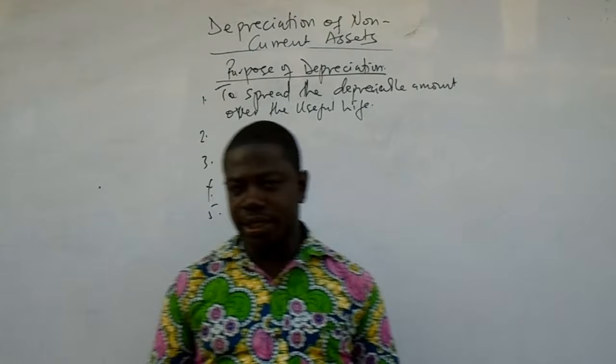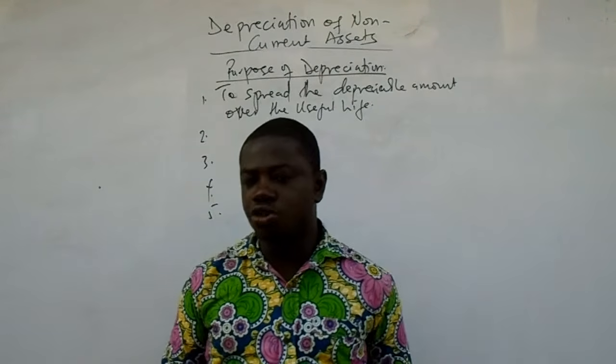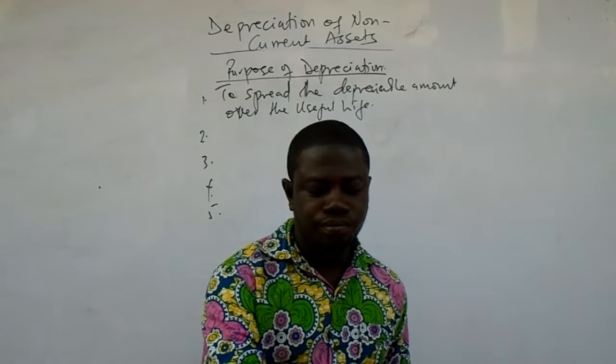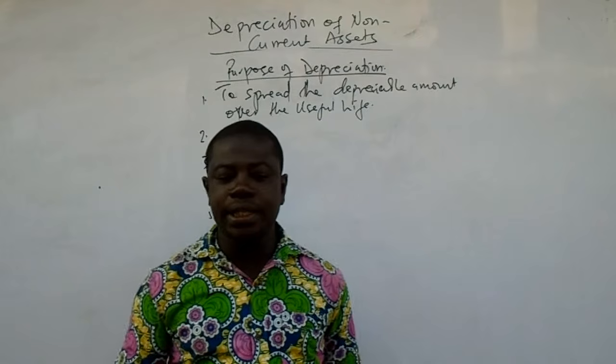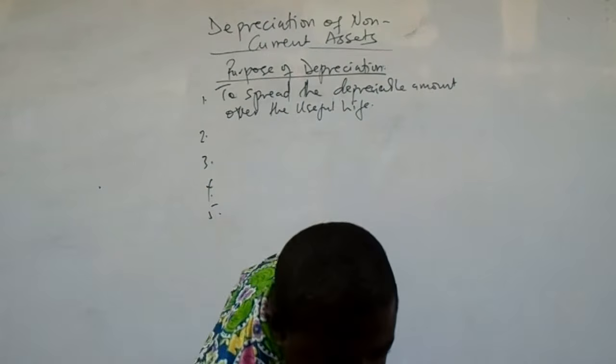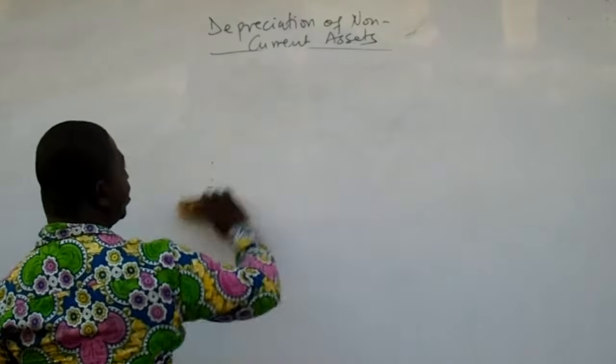as accountants. Okay, so putting that aside, I want to go on straight away to a very important part of this topic, and that is the factors to consider when calculating depreciation.